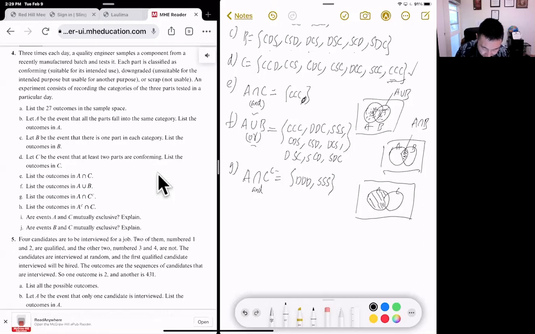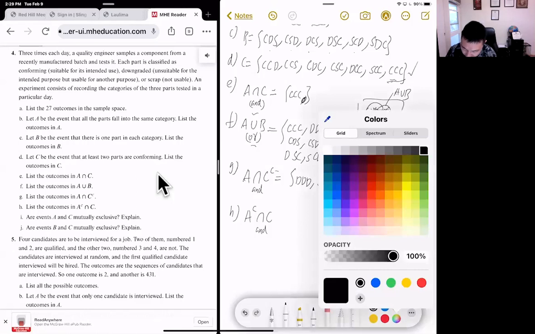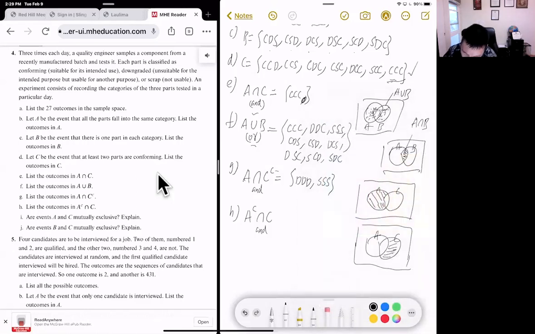H, list the outcomes of A^C and C. A^C means the complement of A, and C. This is A, this is C. So not in A, but in C. Outside the circle of A, that is the complement of A, and in C, it will be this shaded area.